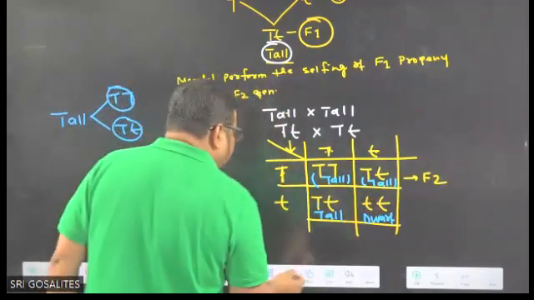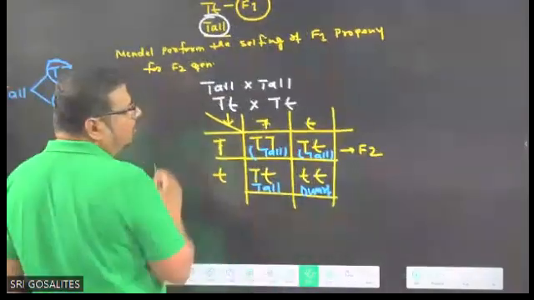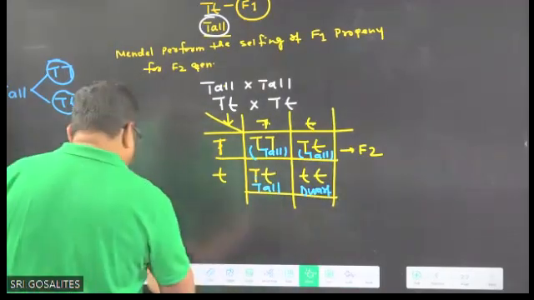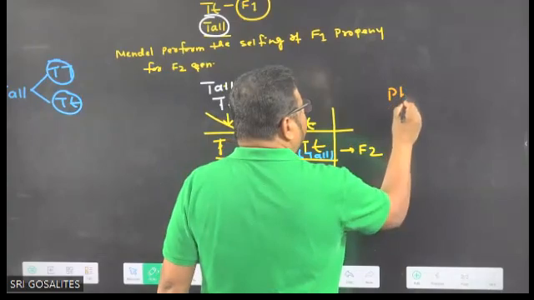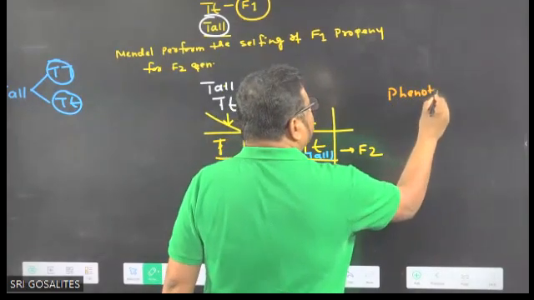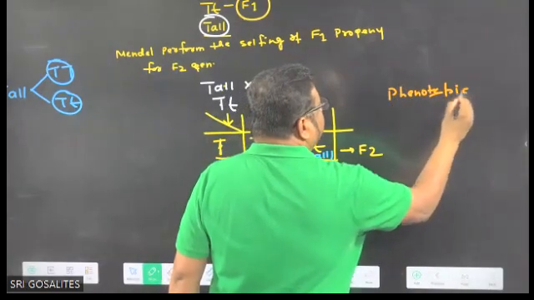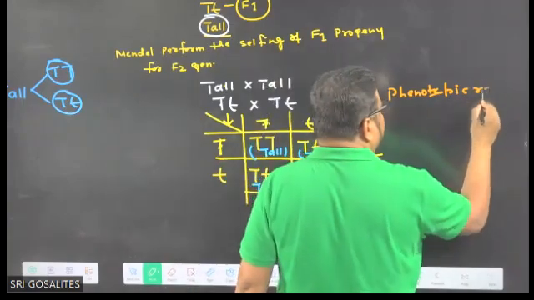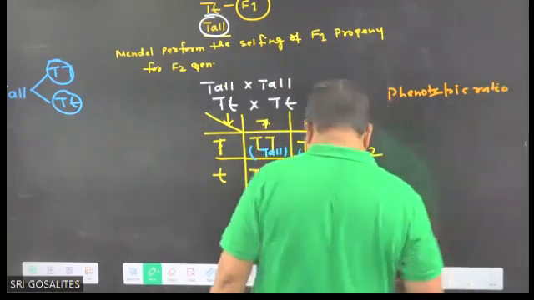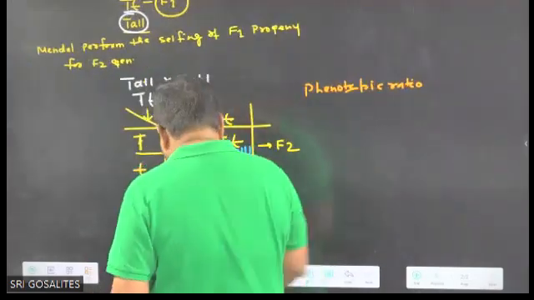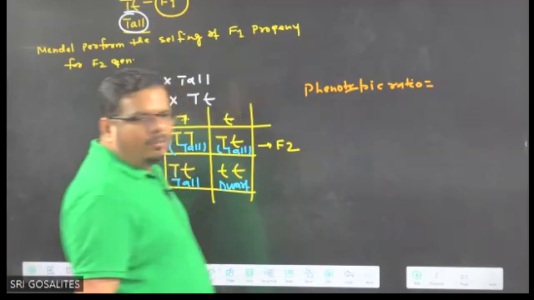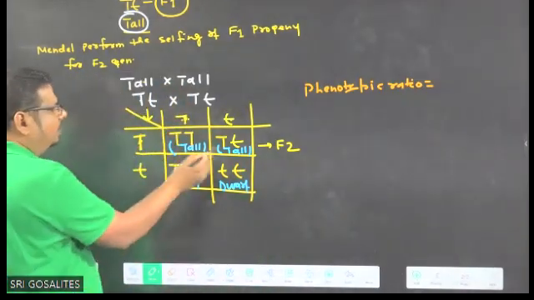So in F2 generation, what are we reporting, dear children? What is the phenotypic ratio we are getting in F2 generation? Tell me. How many tall are there? 1, 2, 3.